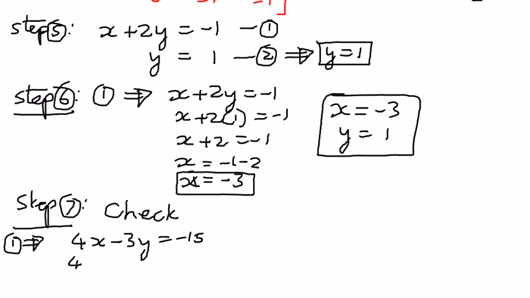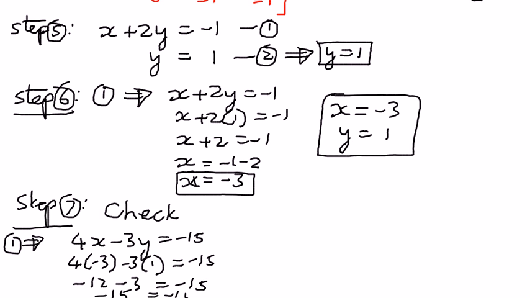For x, we're going to substitute -3, and for y, we're going to substitute 1. So 4 times -3 is -12, and then minus 3 is equal to -15. So -12 plus -3 is -15, which is equal to -15, and therefore the left hand side is equal to the right hand side, and therefore x equals -3 and y equals 1 is exactly correct.